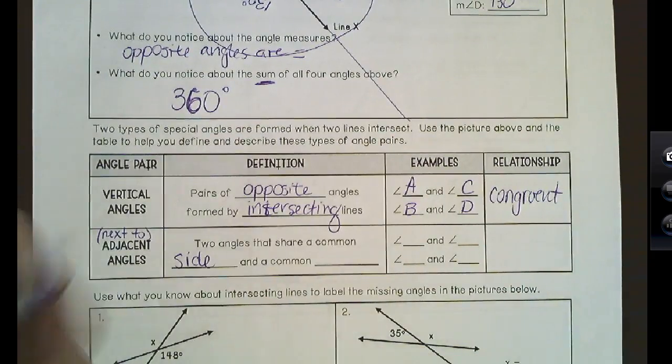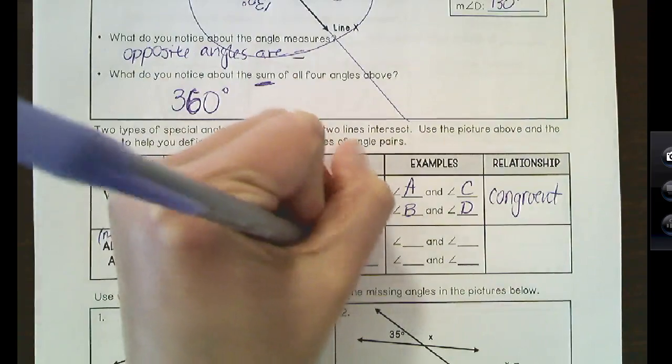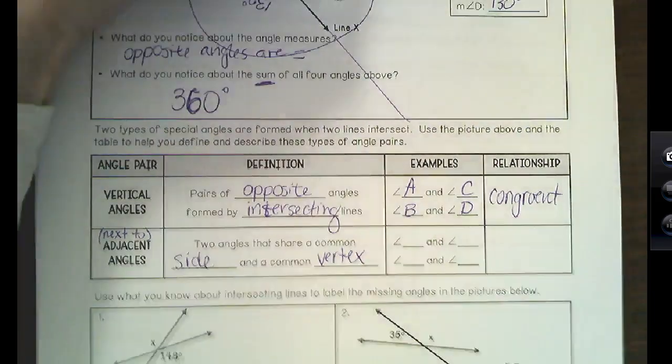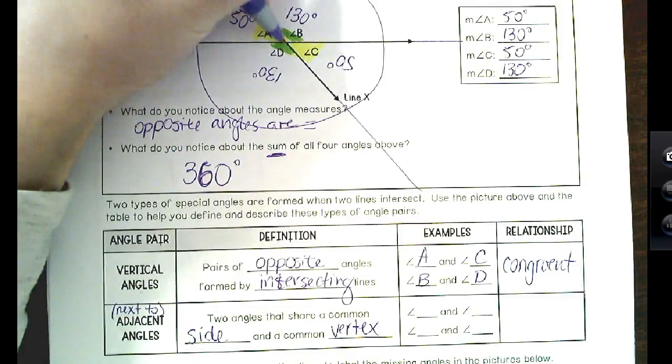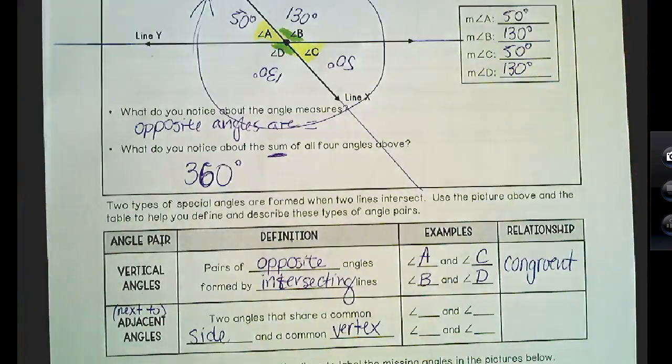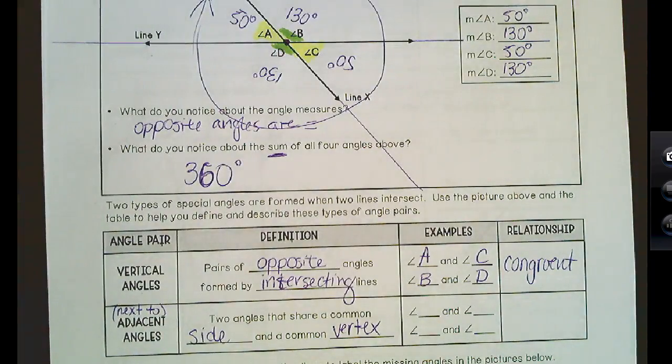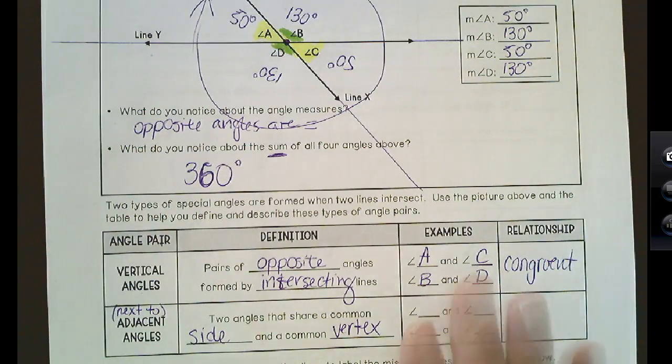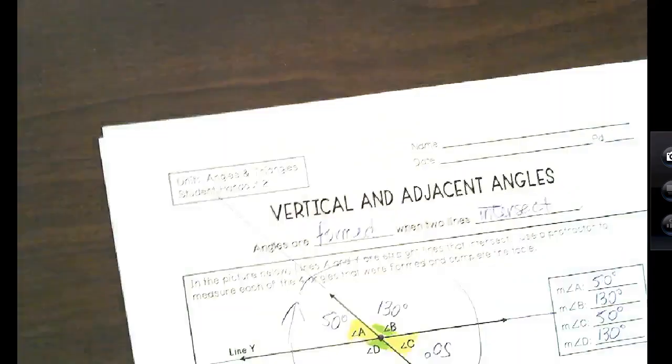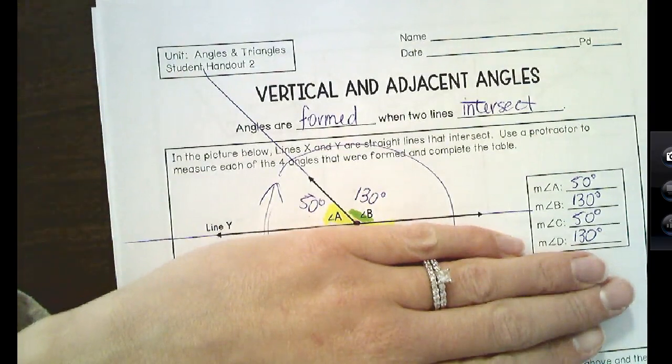And a common vertex. And a vertex is that point that gets created when those lines intersect. So they share that vertex. So adjacent angles are angles that are next to each other. So if I go back up to my diagram here, I'm going to cover up the bottom half of my graph with my hand.